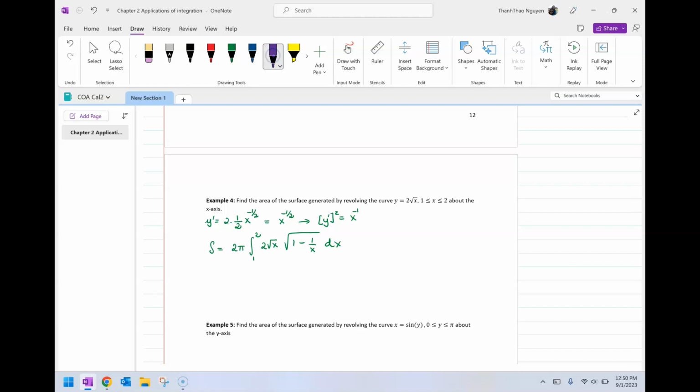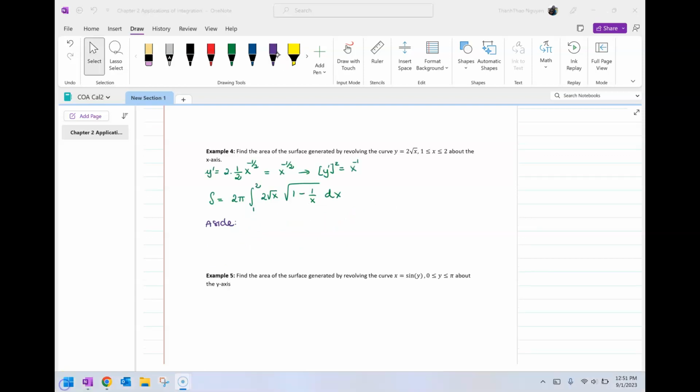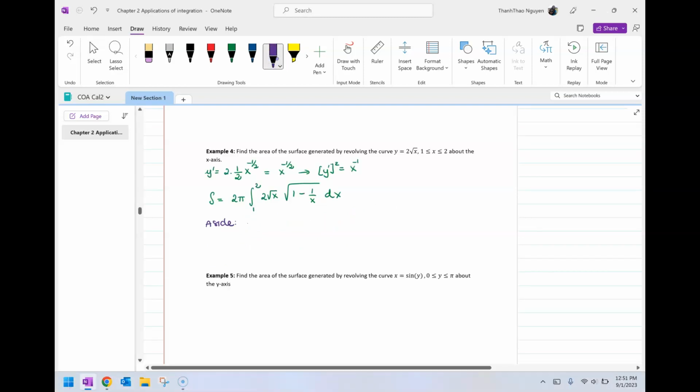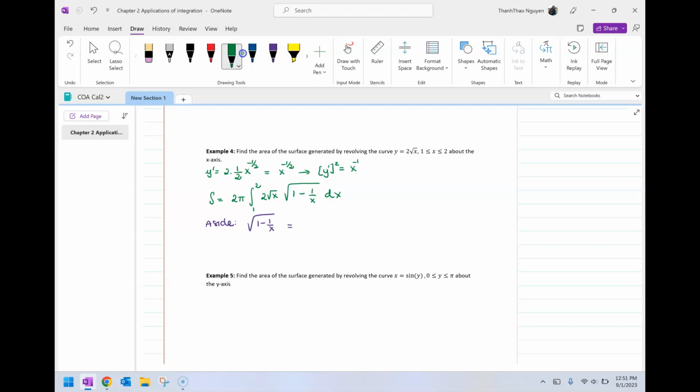The square root of 1 plus 1 over x simplifies to the square root of (x plus 1) over x.